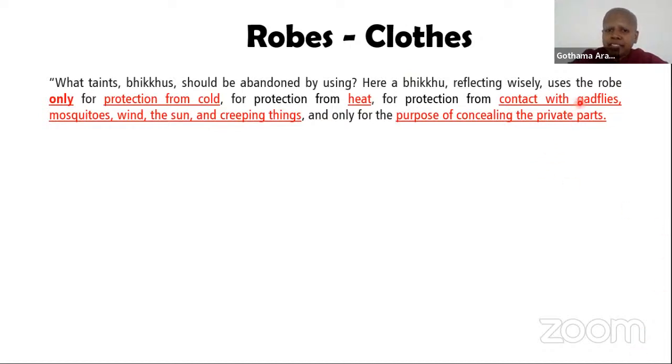A bhikkhu who reflects wisely uses the robe, for you the clothes, only for protection from cold, for protection from heat, for protection from the contact with gadflies, mosquitoes and all these insects, and biting from snakes and everything, and only for the purpose of concealing the private parts. So we wear clothes for that purpose, but we have to think whether we wear the clothes only for that purpose. That is the purpose of wearing cloth and nothing else.